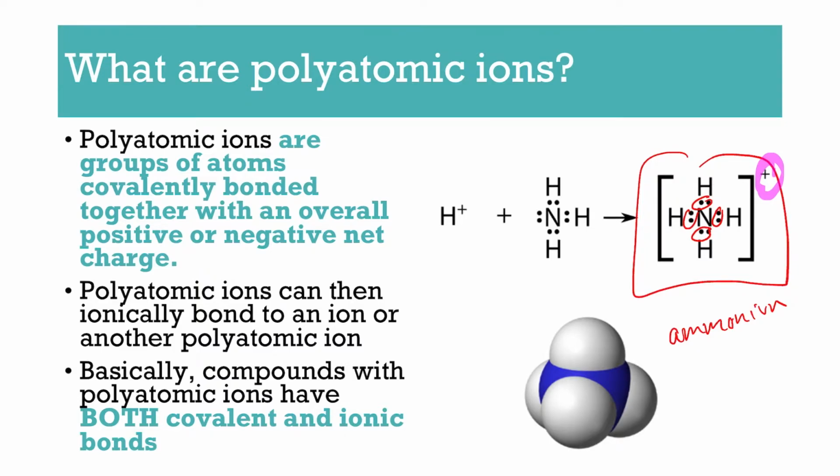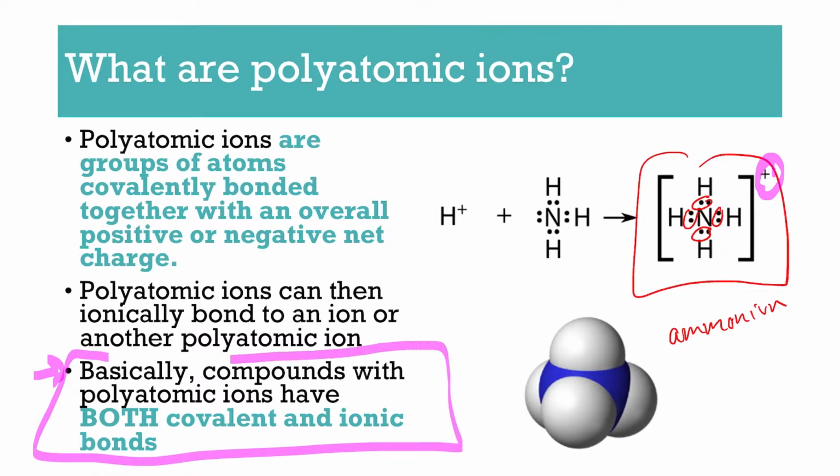So this polyatomic ion on its own has to be combined with something. So polyatomic ions will then ionically bond to another ion, another polyatomic ion. And so the most important thing is right here. Any compound with a polyatomic ion has both ionic and covalent bonds. And so we'll go through a few questions like that because that is one of the most popular questions on this topic.